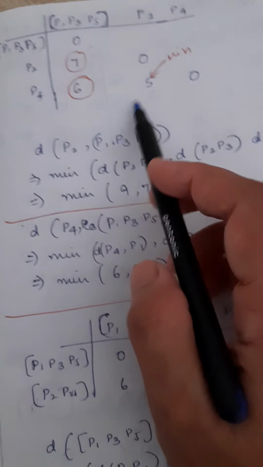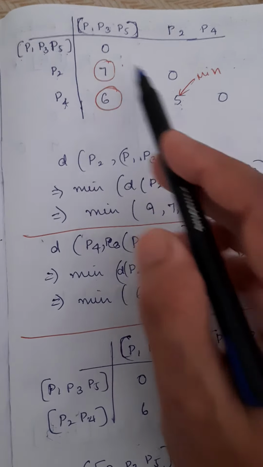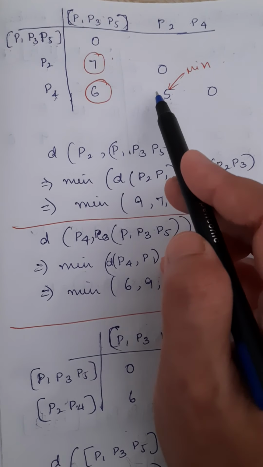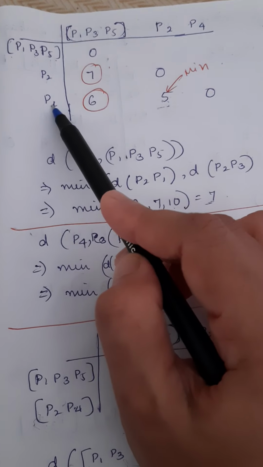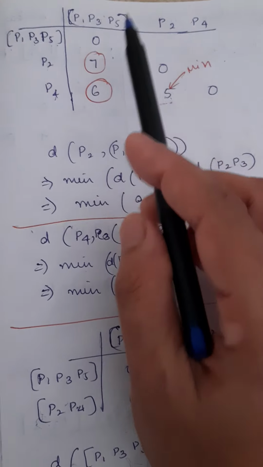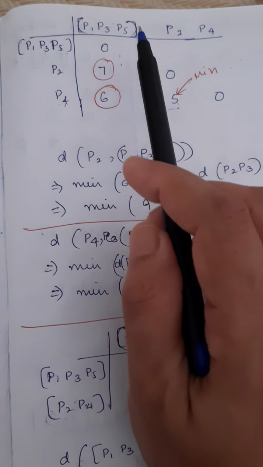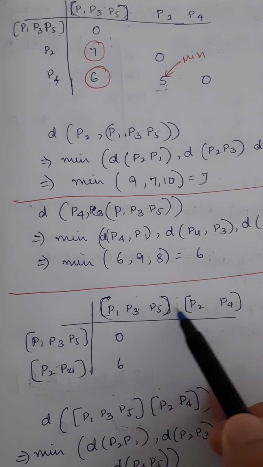Now we find that the least value is 5. So in these values, the least value is 5. So 5 corresponds to which 2 points? P2 and P4. Okay. So in the next matrix, I am going to merge P2 and P4. So I will have 2 clusters now. P1, P3, P5 is one cluster.